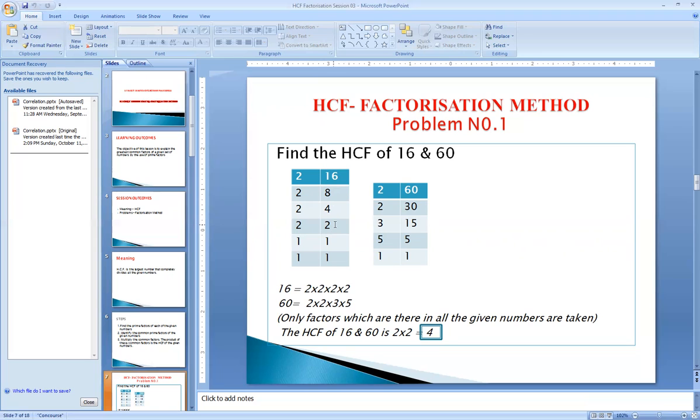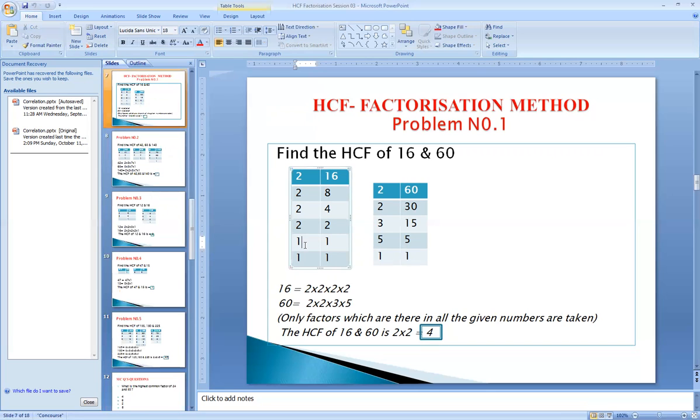Again this 4 can also be divided by 2: 2 2s are 4. Then this 2 can be divided by 2: 2 1s are 2. So that is how we calculate the factors for 16. The factors for 16 are 2 into 2 into 2 into 2 into 1.